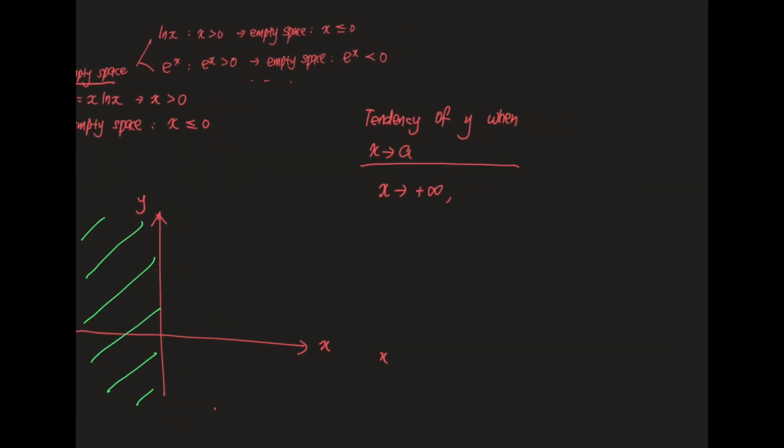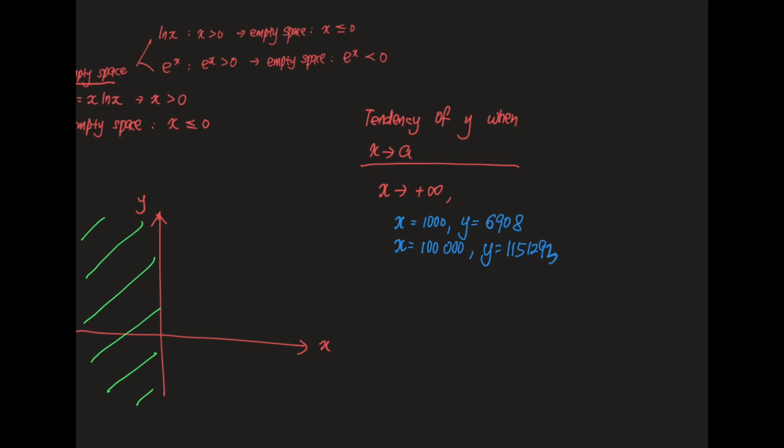When I substitute 1000, I get 6,907. Okay, so when x equals 1,000, y is 6,908. Now I substitute with a bigger value, let's say 100,000. When I substitute 100,000, I get y equal to 1,151,293.